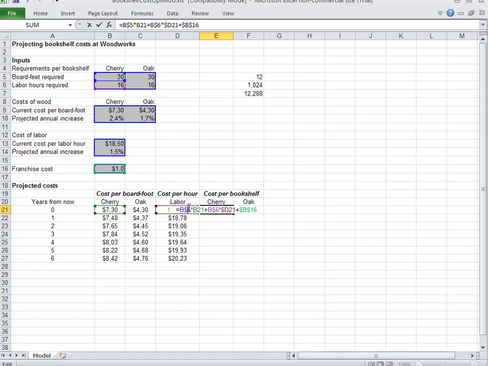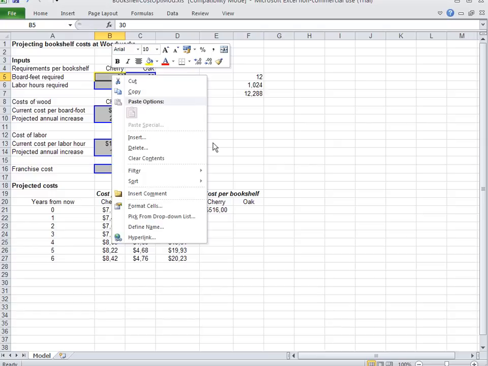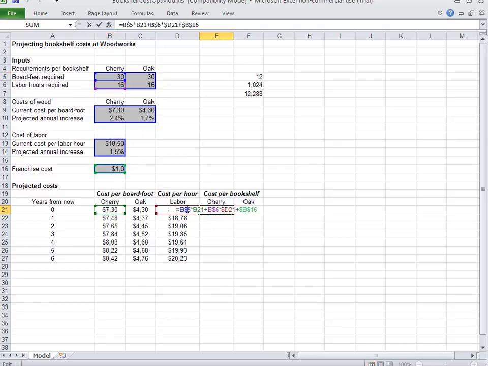It has, let's say, one example of dollar only in front of 5, which means that the cherry 30 board feet doesn't move up and down. Then it has neither dollars: for instance, the cost of cherry's board foot has to move down for next years, and has to move right for Oak.